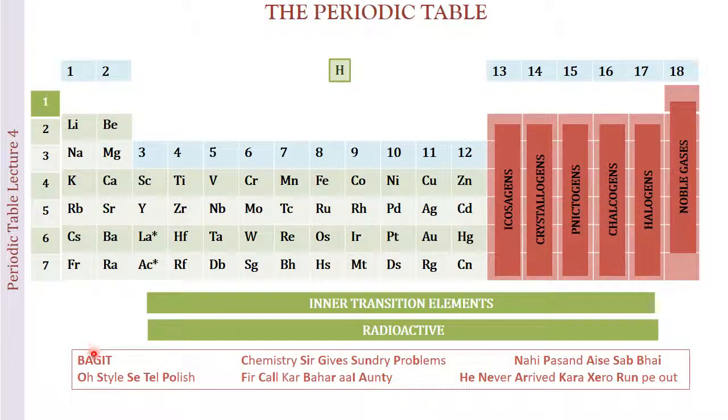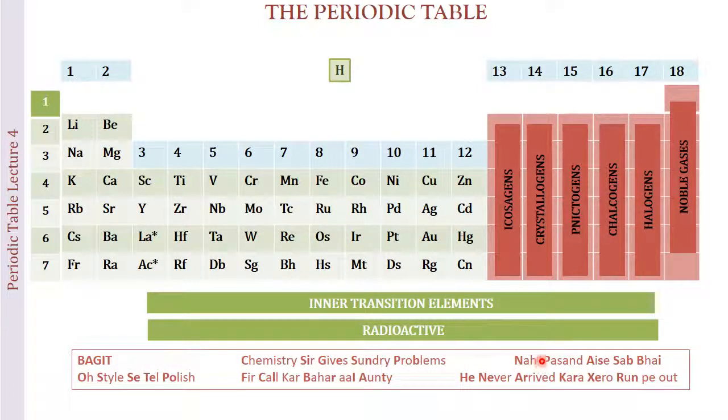B is boron, A is aluminium, G is gallium, I is indium, T is thallium. Then we have the 14th group, that is the carbon family, the crystallogens, and you can remember the mnemonic Chemistry, C is carbon, Sir gives sundry problems: Sir is silicon, gives is germanium, sundry is tin, and then we have lead.